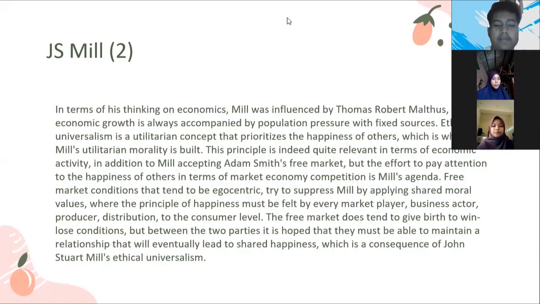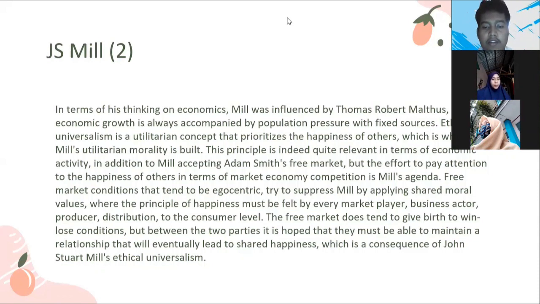Okay, the next slide is about his economic thinking. Mill was influenced by Thomas Robert Malthus, where economic growth is always accompanied by population pressure with a fixed resource. Ethical universalism is a utilitarian concept that prioritizes the happiness of others, and it's here that Mill's utilitarian morality is true.